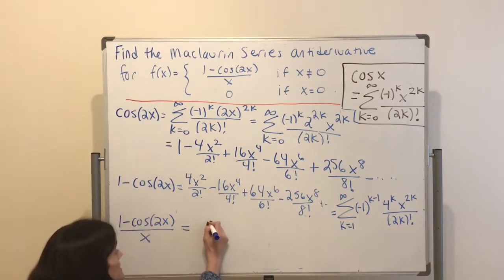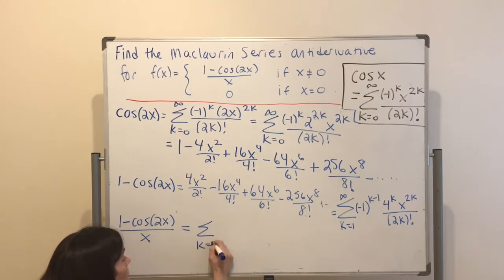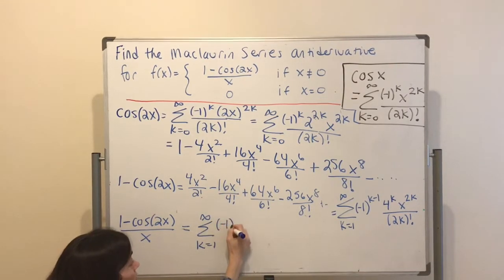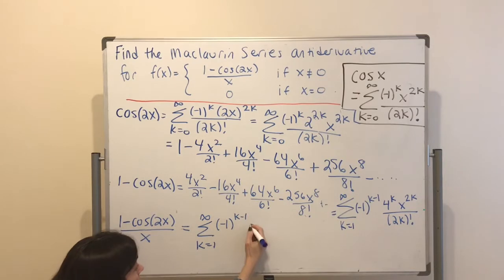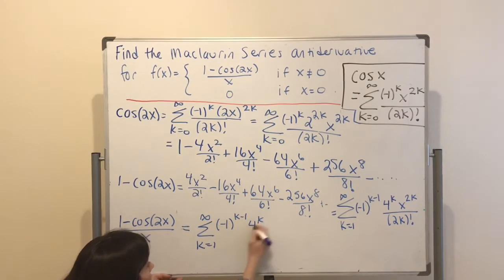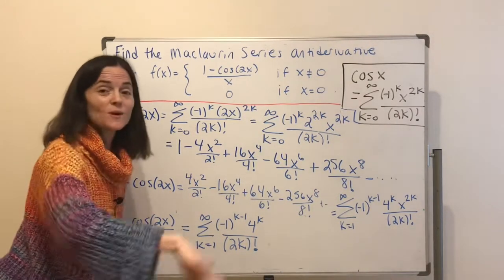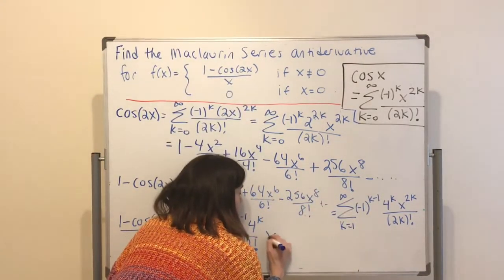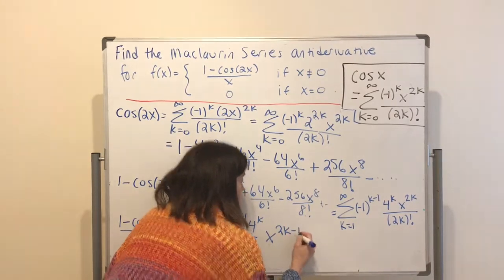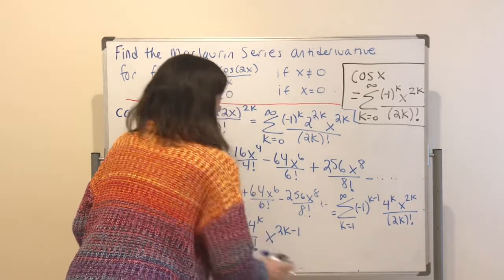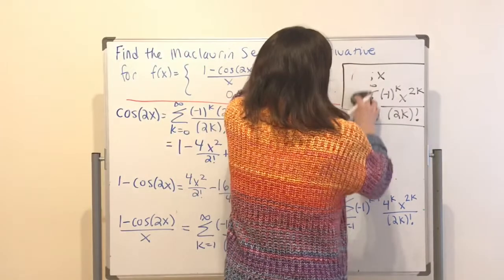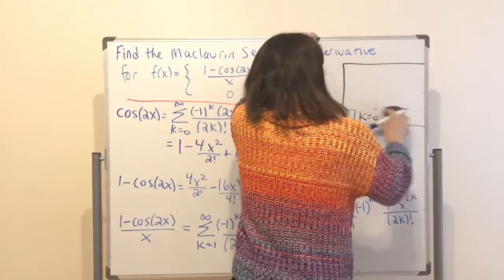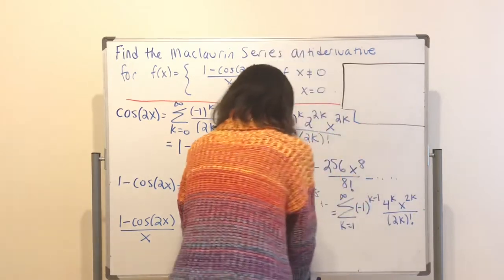Now, I will write this in summation notation. The coefficient part remains the same. So we have a 4 to the k, divided by 2k factorial, but the only thing that changes when we multiply through by this power is this. This is going to be an x to the 2k minus 1. I'm going to erase this cosine. This will be my side work box for the moment. What does this really use?